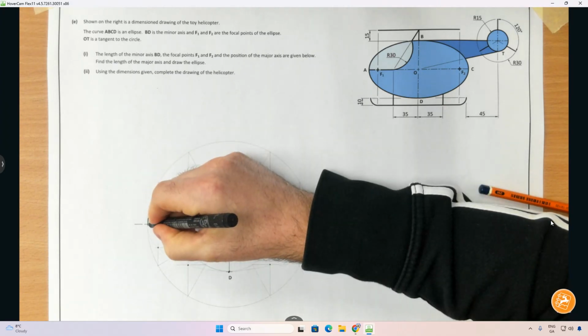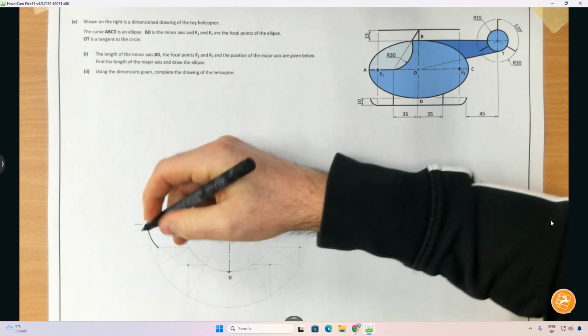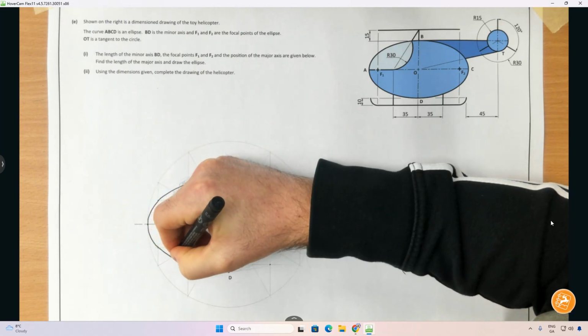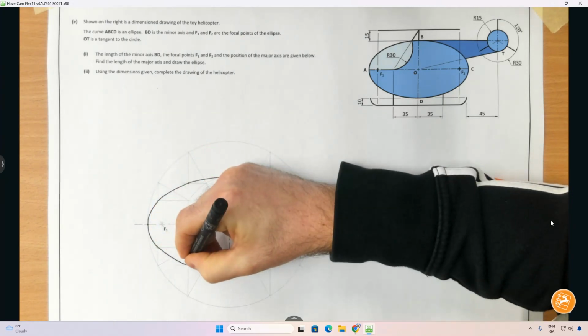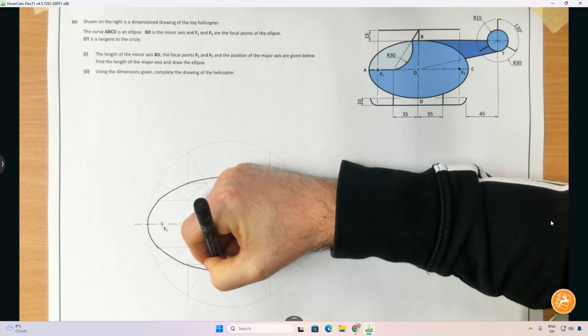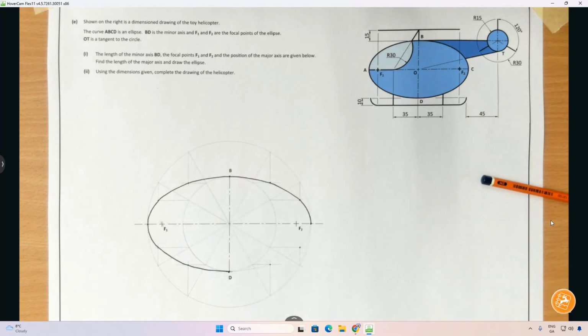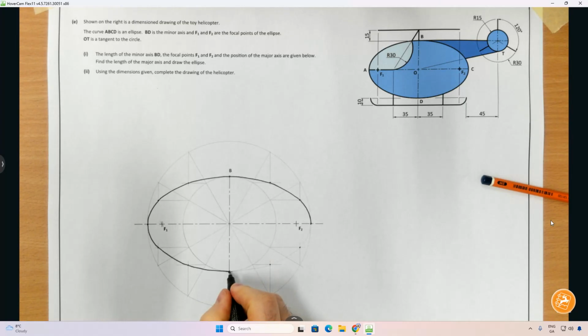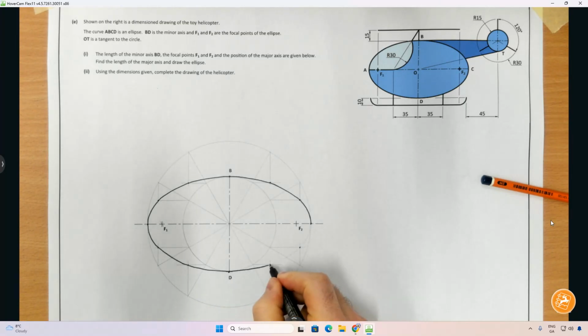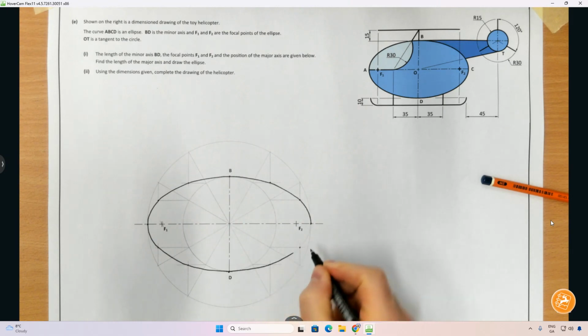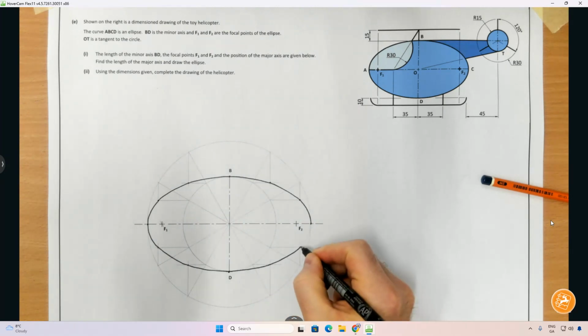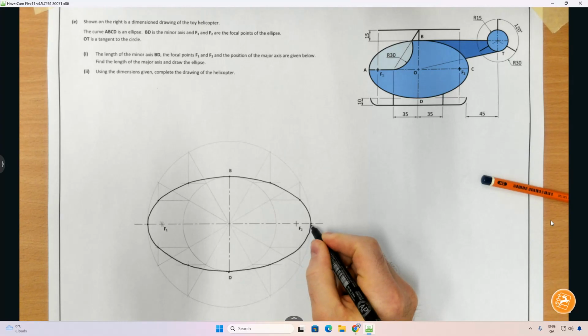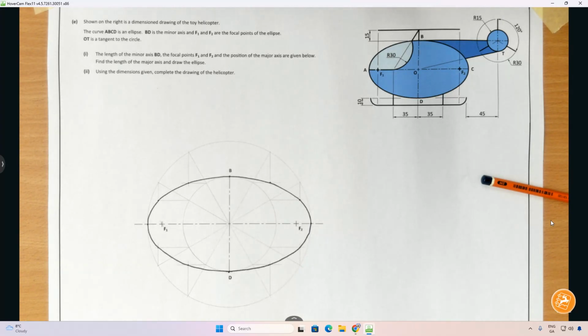Now we're on to the bottom half. Okay, so nearly there. Okay, and there is our elliptical curve.